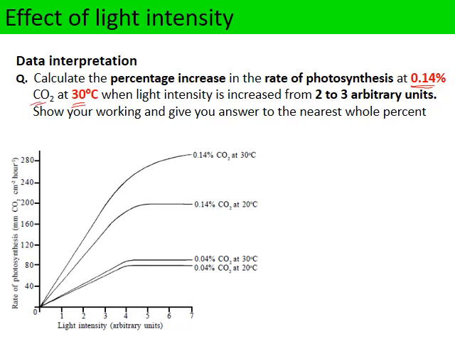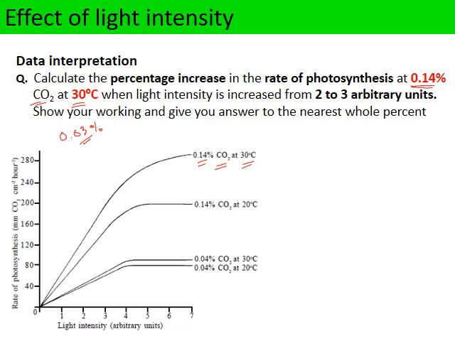Which of these data points is going to represent 0.14% CO2, which is quite high carbon dioxide concentration? Normally, atmospheric CO2 is 0.03%. So here it's 0.14%, which is quite high, at 30 degrees C. So it must be this set of data.